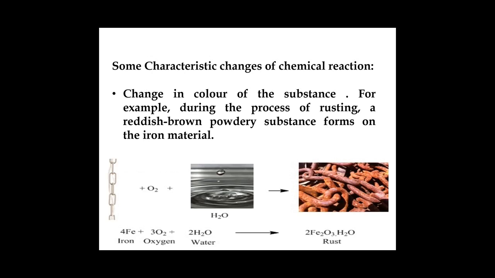It's a brown precipitate deposited over the iron object. So this chemical reaction involves a change in color of the substance, and this color change indicates that a chemical reaction has taken place.